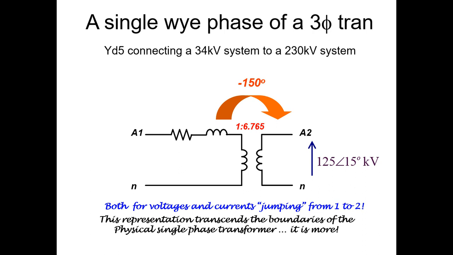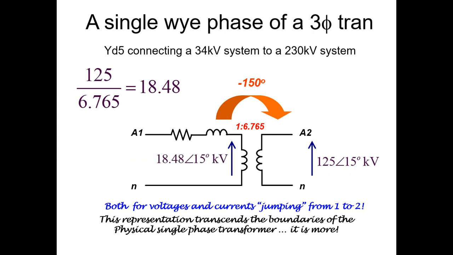Let's say that the secondary voltage is known to be 125 kilovolts with 15 degrees. What is the voltage here? You say, well, that voltage is 125 divided by 6.765. And the phase shift? Is it 15 degrees? No, it is not 15 degrees. Of course, it's 15 degrees plus 150. That is the right voltage there: 18.48 kilovolts with 165 degrees.